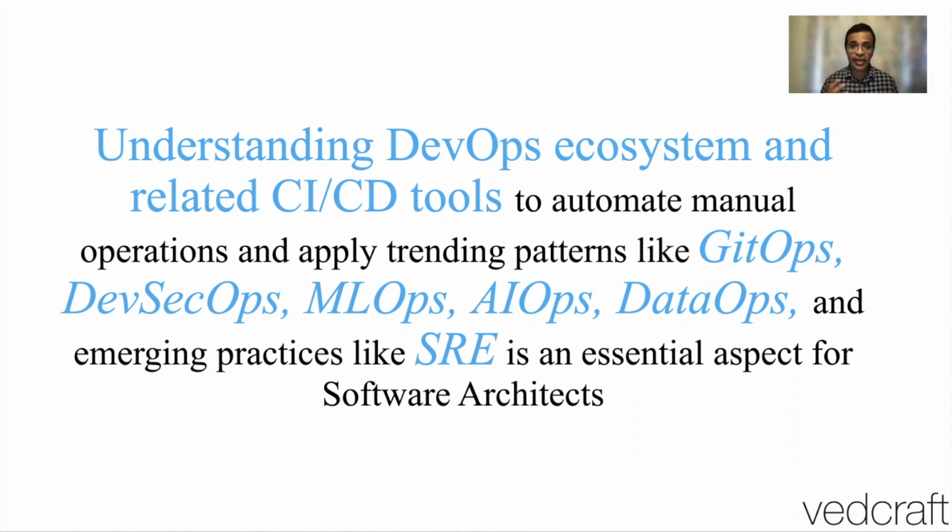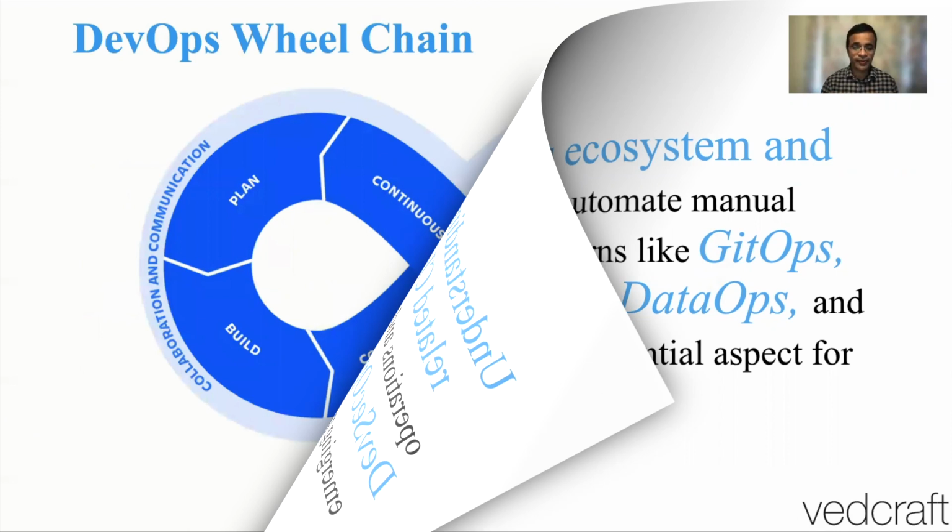MLOps, DataOps and AIOps are other trends coming up because they automate your machine learning or data pipeline. You don't need to be an expert in all these aspects, but understanding them is an important part of your software architecture journey.